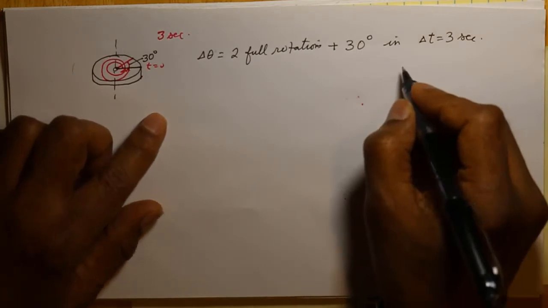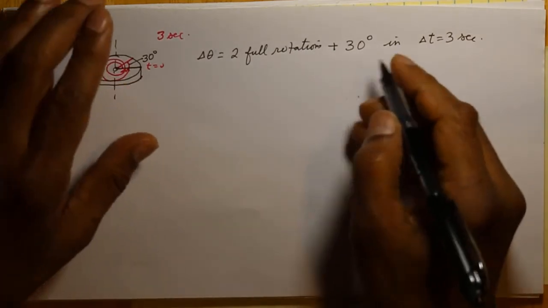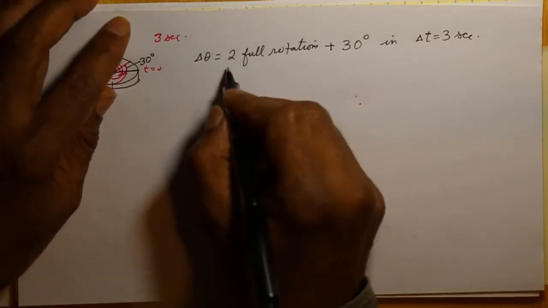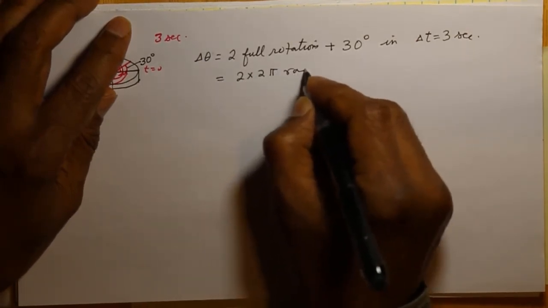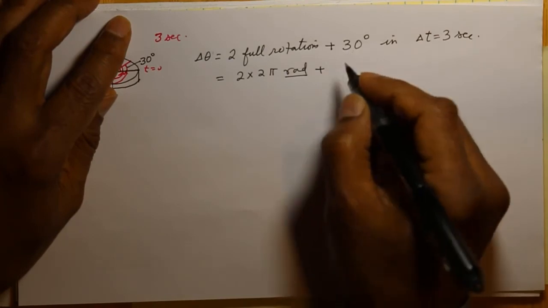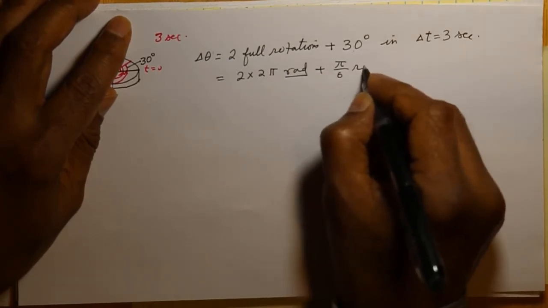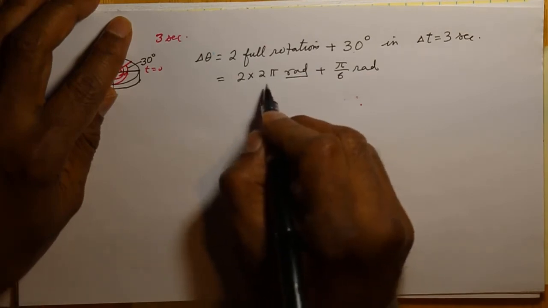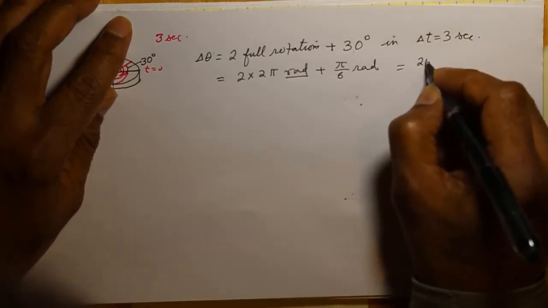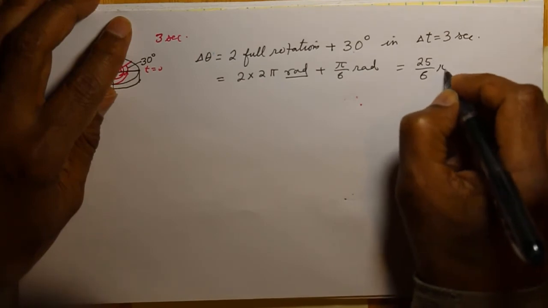That's what I did. Well, so this one has to be written as one angle. So 2 full rotations is 2 times 2 pi radian, and 30 degrees is pi over 6 radian. So you can see 25 over 6 pi radian.